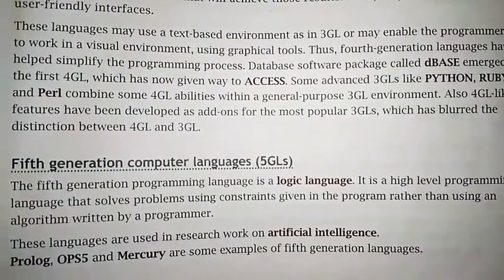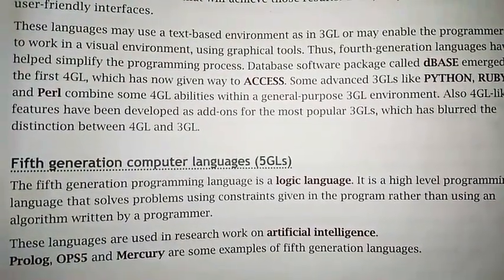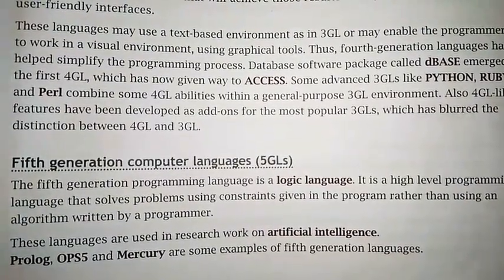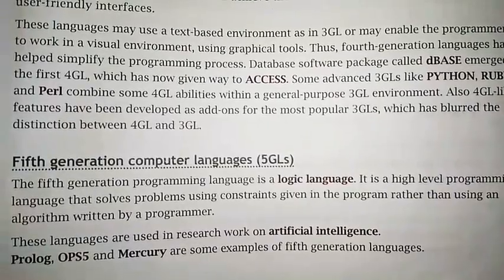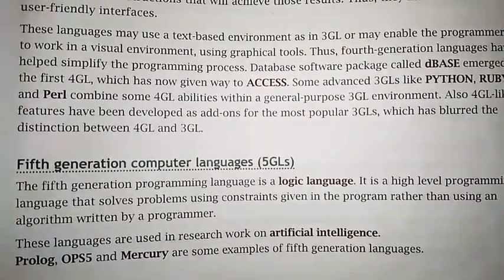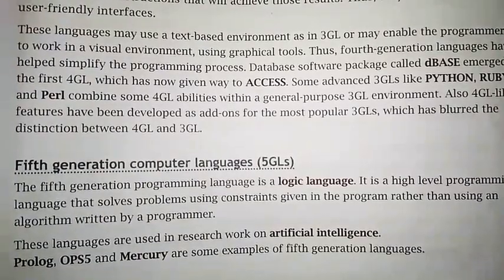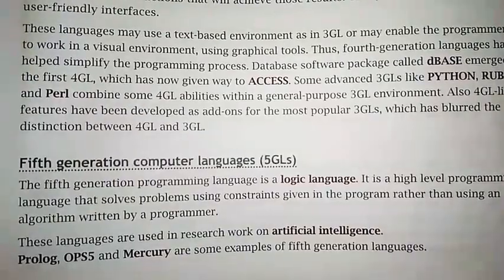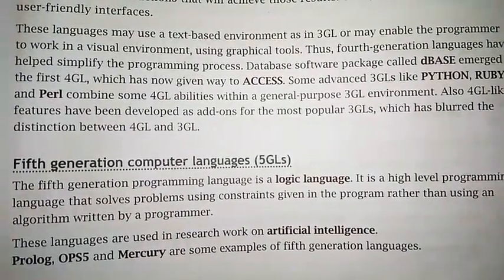These languages are used in research work on artificial intelligence. So students, the fifth generation computer languages were mainly used in research work on artificial intelligence. Examples like Prolog, OPS5 and Mercury are some examples of fifth generation languages.